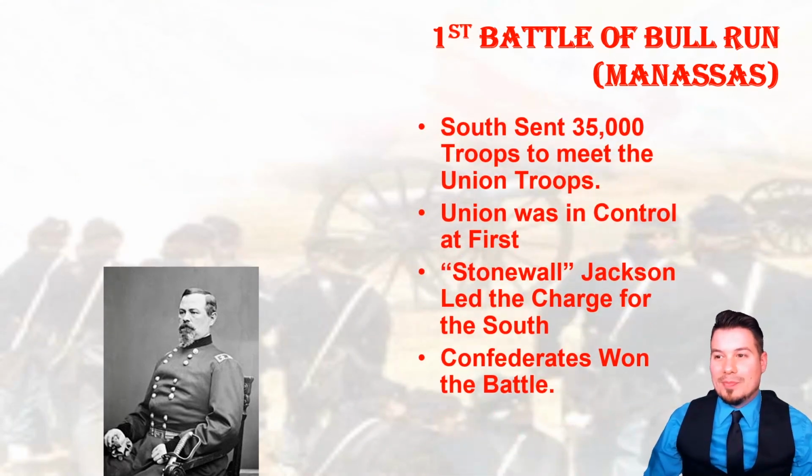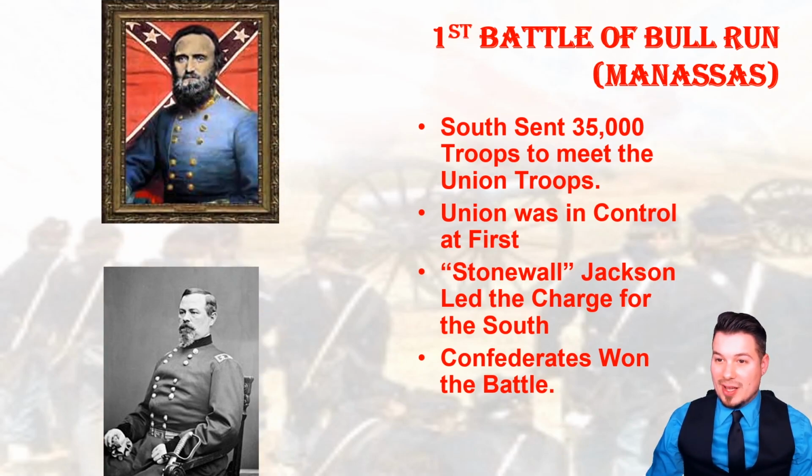The first battle, Bull Run, or first battle of Manassas, the South's going to send 35,000 troops to meet those Union troops, and the Union was in control at first at the beginning of this battle, but the issue lies with what they didn't expect. This guy.